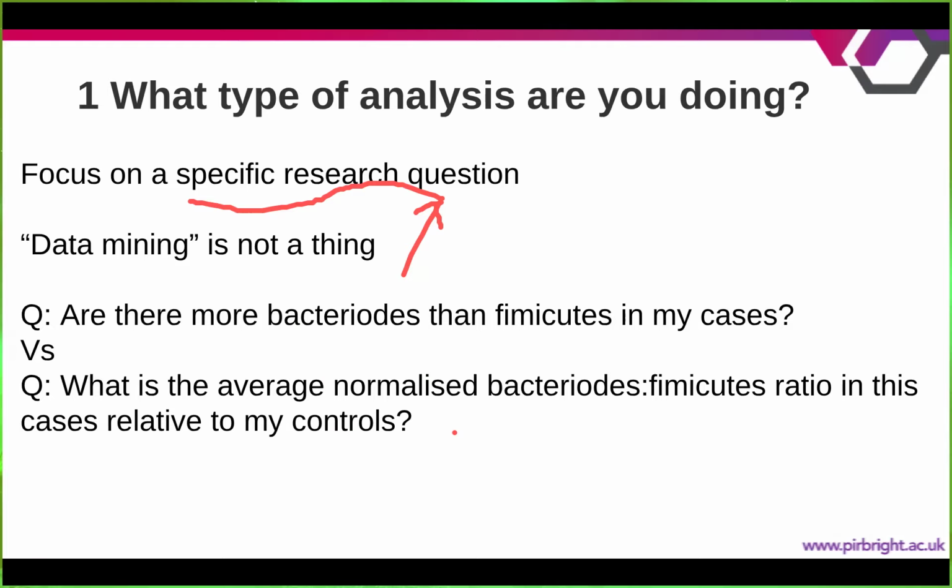That might be a more precise question where we can actually answer that in a scientific manner and interpret it appropriately, because there's a lot of steps along the way. We're looking at the BF ratio, we have to normalize it. Are we looking at the average ratio or the ratio for individual cases? And what about our controls? Where did they come from? How do we know that they're actually useful controls for this particular analysis?